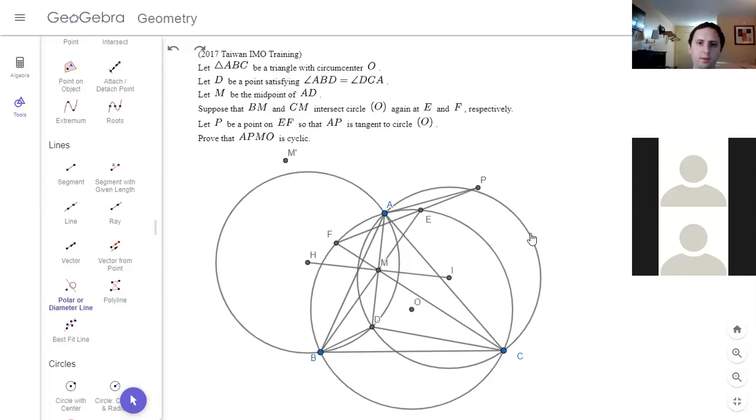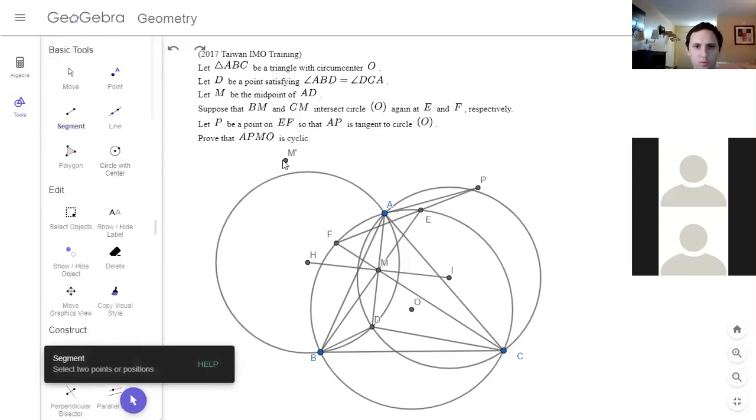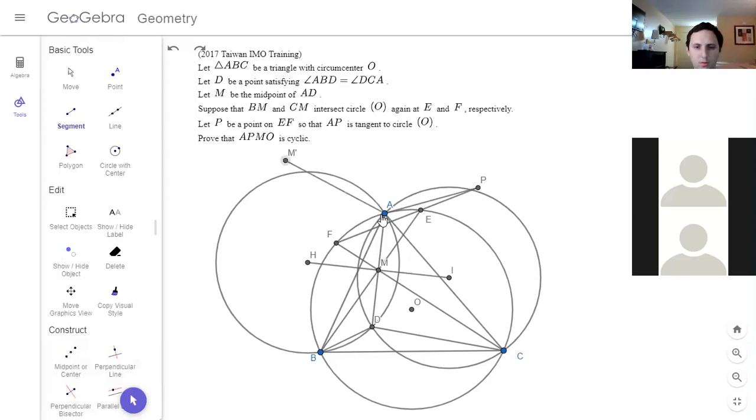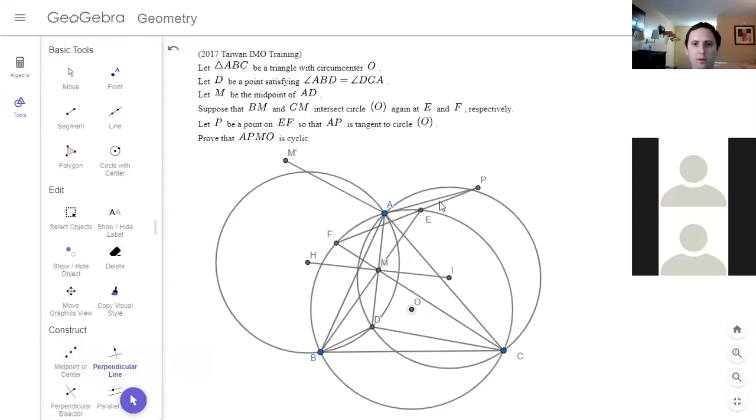So AP is the polar of A. EF, what do you get when you take the perpendicular from O to EF?